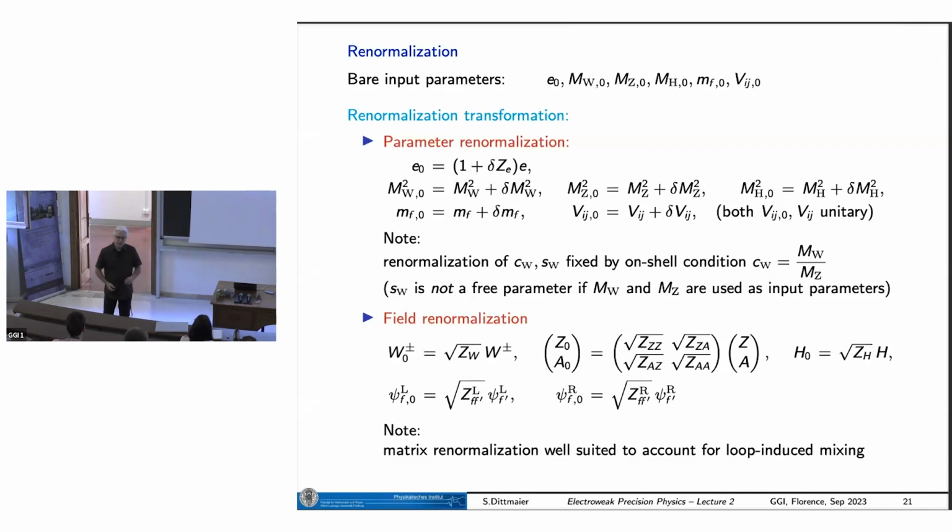And you would like to redefine your fields in such a way that for a free or nearly free propagation, like a Z boson on its mass pole, this should not happen. That's the definition of the field. It's nothing physical, because if you really physically produce a Z boson, it will be a Z boson.